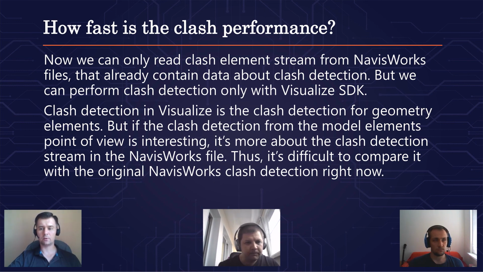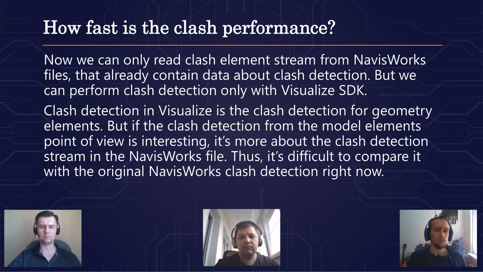It depends, because as I mentioned, our clash detection in Visualize is clash detection for geometry elements. But if clash detection from the model elements point of view is of interest, then it's more about the clash detection stream in the Navisworks file than Visualize clash detection.